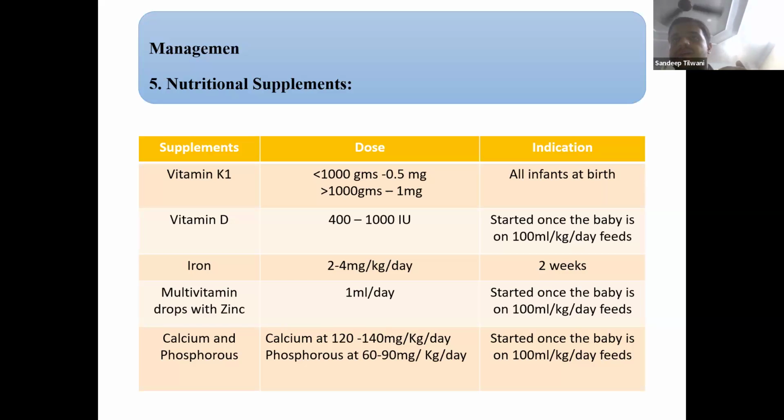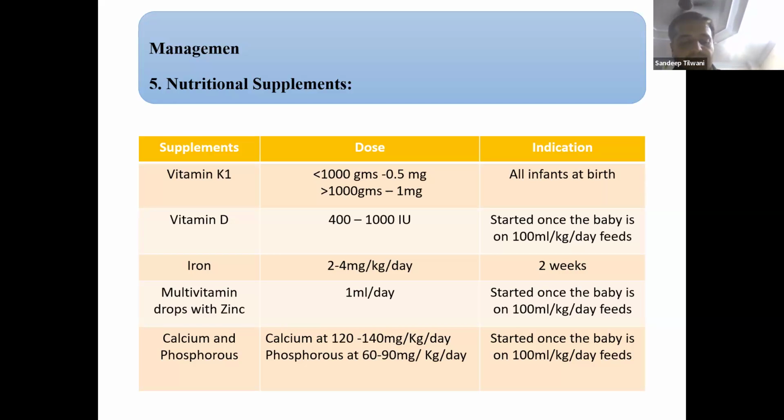If the baby is born at, say, 32 weeks of gestation, there is a deficit of 8 weeks. In those 8 weeks, we expect a good transfer of nutrients from the mother to the fetus. Because the baby is born premature, these nutrients would not get transferred. As a result, the child would be at risk of deficiency of these essential nutrients, and that is why sometimes we need to supplement these nutrients additionally.